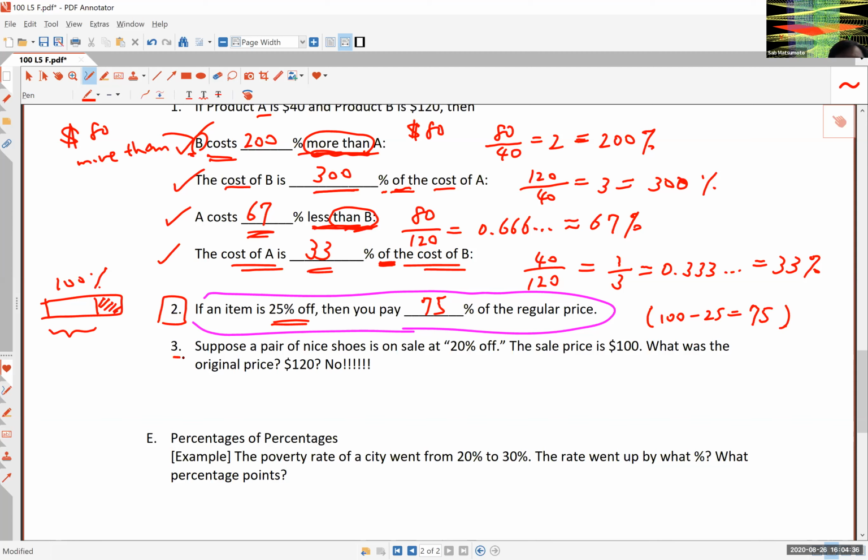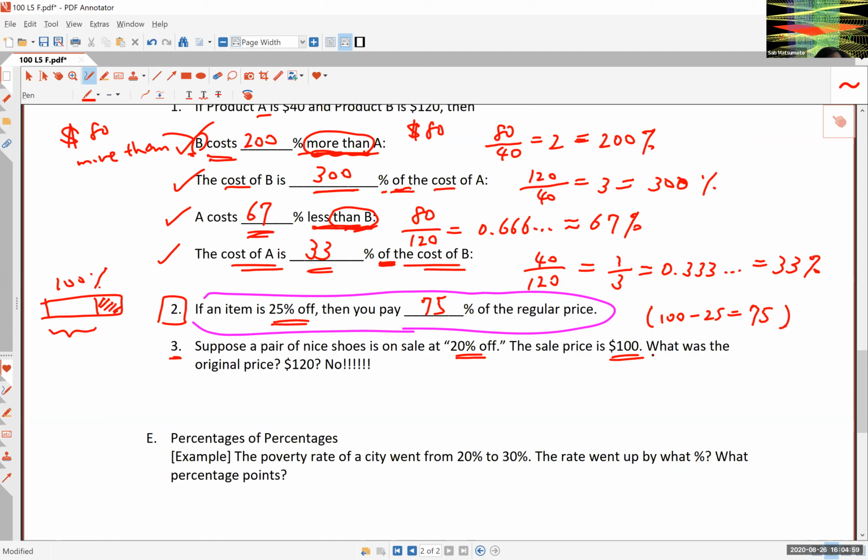Now look, number 3: suppose the pair of nice shoes is on sale. Imagine you have a very nice pair of shoes. You've always wanted to buy these shoes, and you walk to the store, and you find out it's 20% off today. Wow, I'm going to buy this. You take your shoes to the cash register, and they say the sale price is $100.